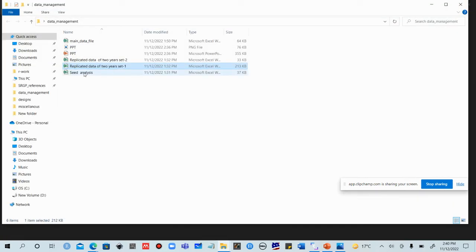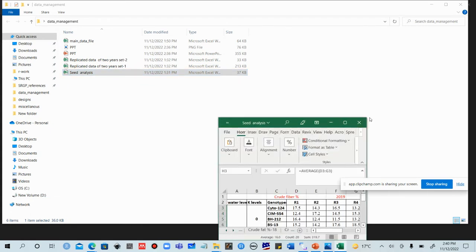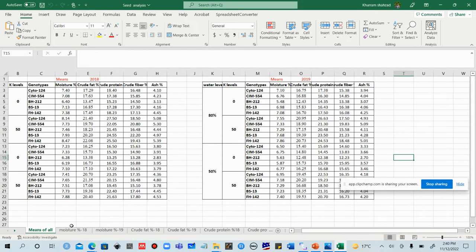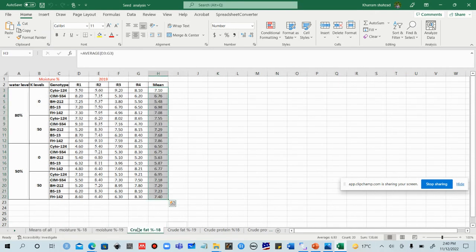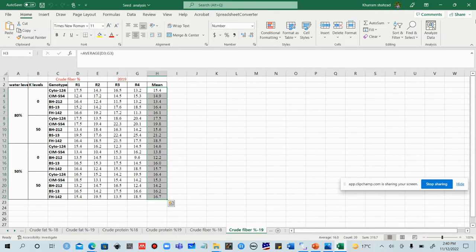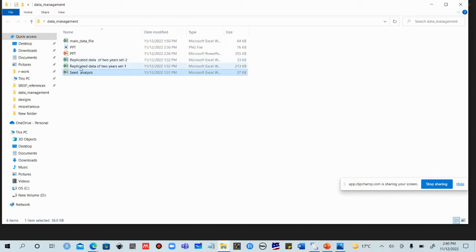Now I show his last file. This data file also contains multiple data sheets. So now you can see that this student has a data set, and multiple data sheets are present in it.